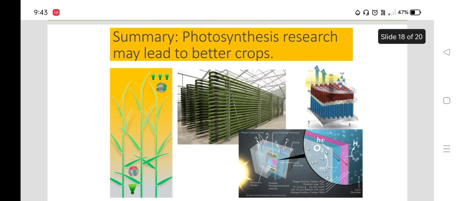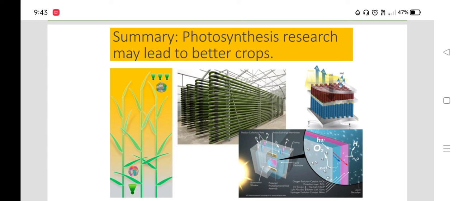Why is it necessary to study photosynthesis and the processes related to it? As we all know, the population on earth is increasing day by day. Hence it is necessary to make a better crop yield, and studying photosynthesis and all these processes will help us to produce more yield of crops.